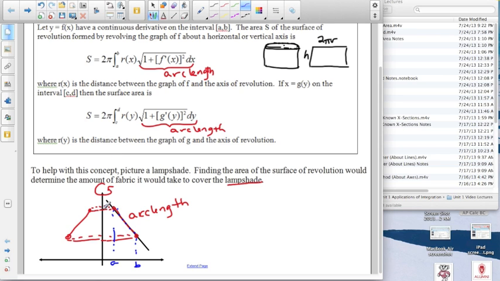So at the top here, your radius is going to be smaller than at the bottom. So your radius is a function of x, and that radius function has to be displayed here. So here is your 2 pi r, which is the top of your cylinder. And then here is the height of your lampshade, which is the height of the cylinder. So you end up getting an expression that resembles the lateral area like we would see it in geometry.